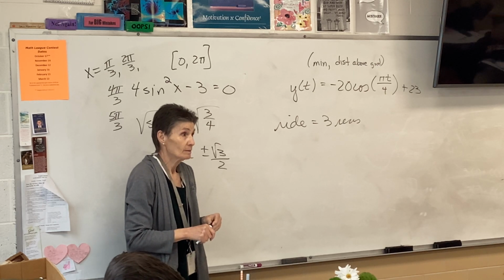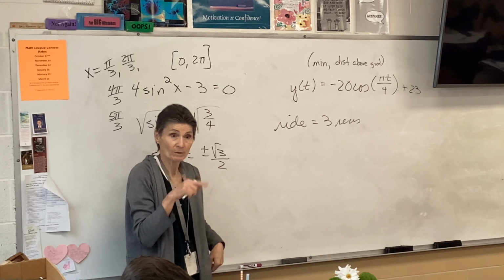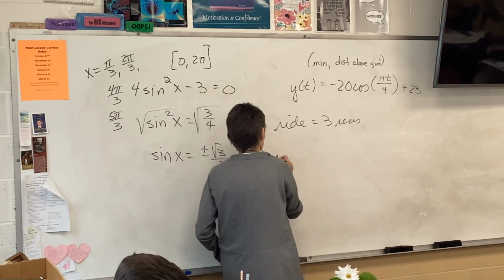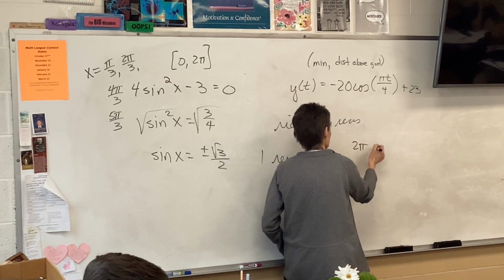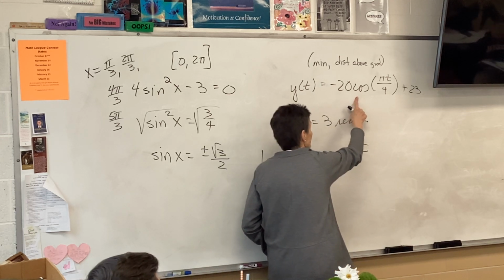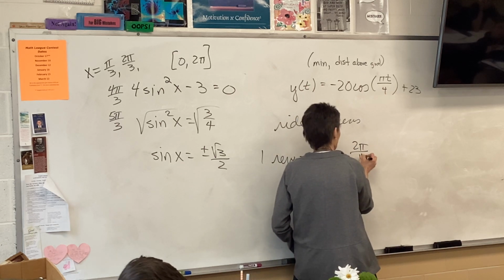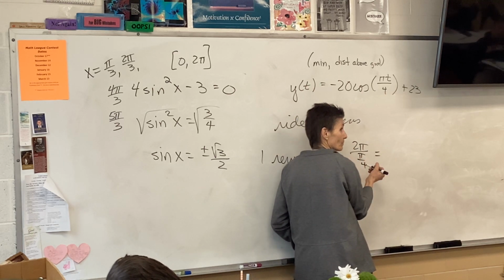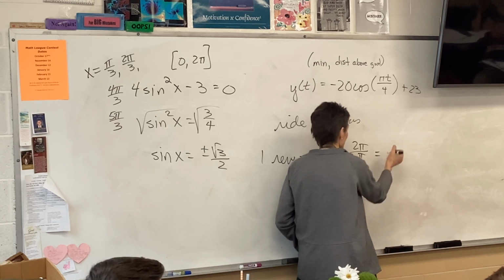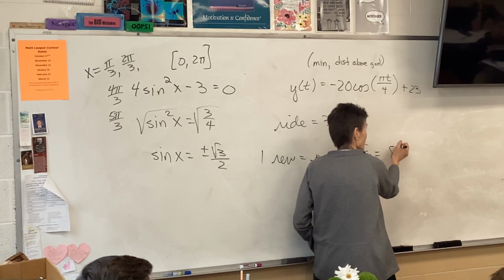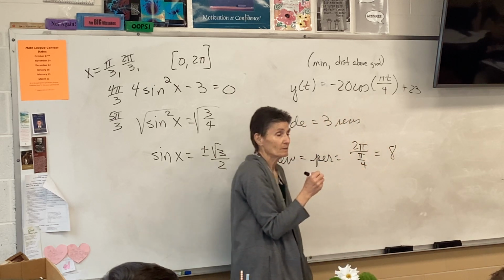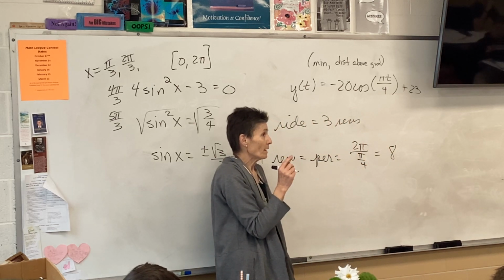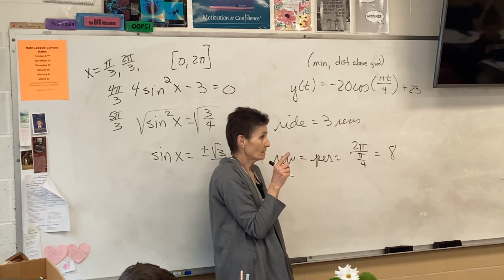Find a period, because isn't a revolution a period? So one revolution is the period, and the period is 2 pi, this is a cosine, 2 pi divided by pi over 4, which is 8. So a period is 8.